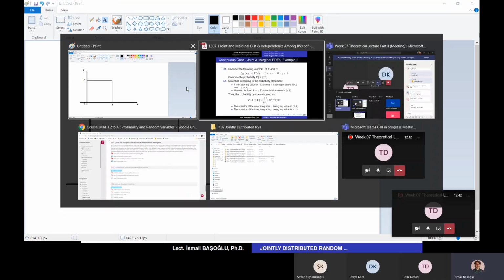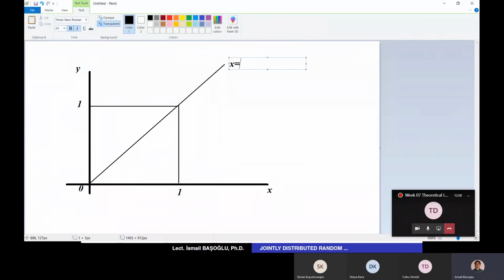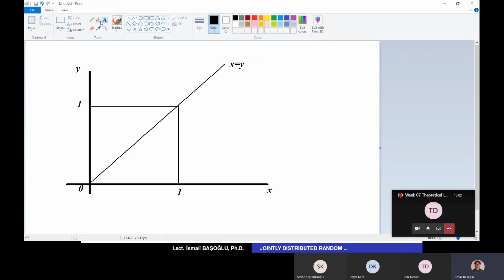I am just going to draw the line for x being equal to y. That line is the equation of x being equal to y, and that region here is what? Which region?